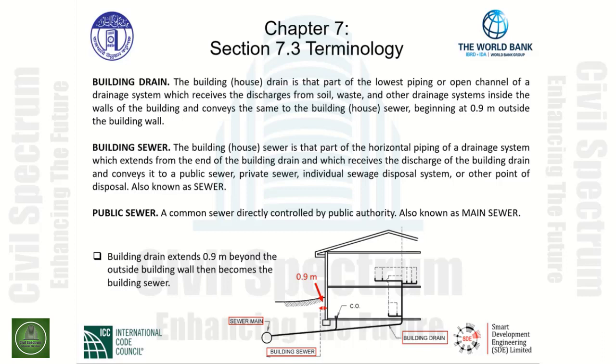This is a common sewer directly controlled by public authority, also known as main sewer. As you can see, definitions are very specific, and in this case, it lays out the demarcation of where one system begins, one system ends, and the connection between the two distinct systems.